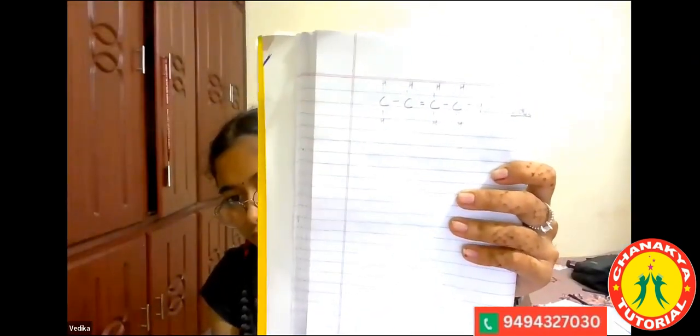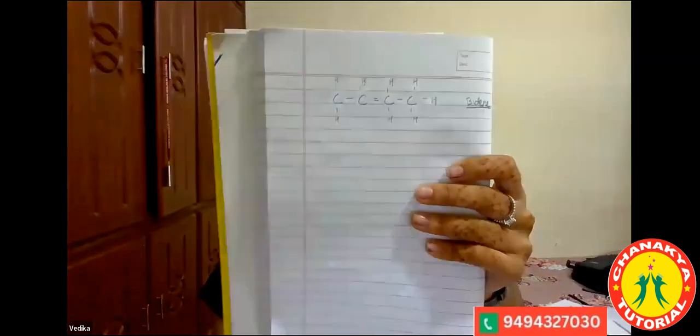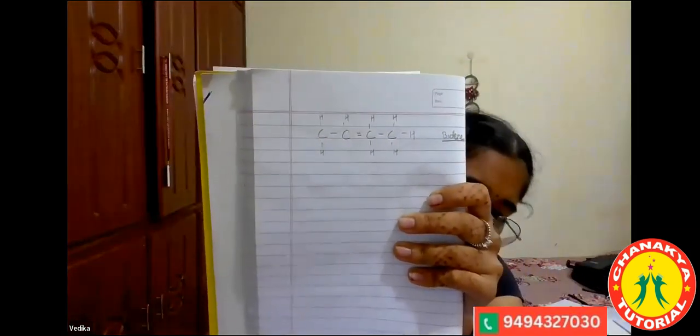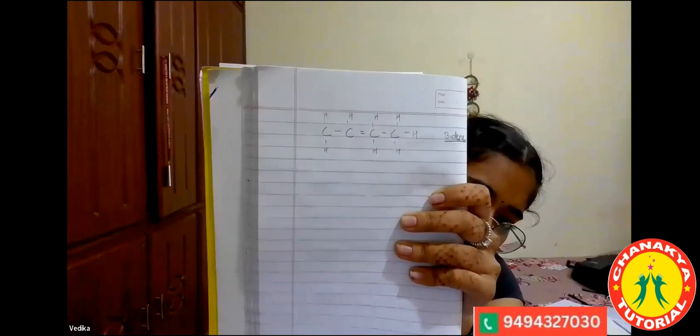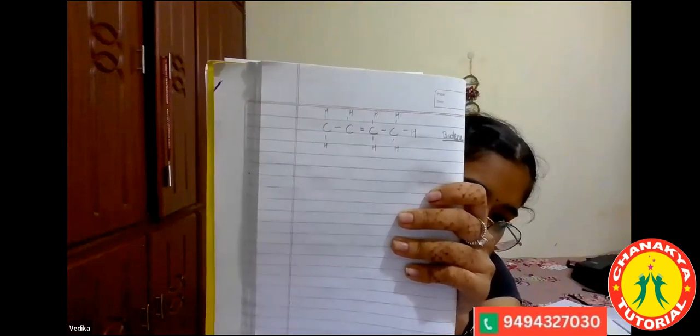Vedika, just hold on. For the carbon where you have made the double bond, count the number of bonds. Vedika, count the number of bonds to the carbon. Second carbon from there.